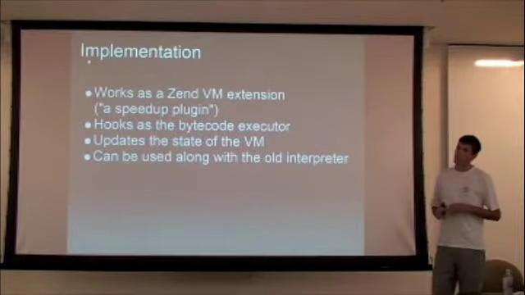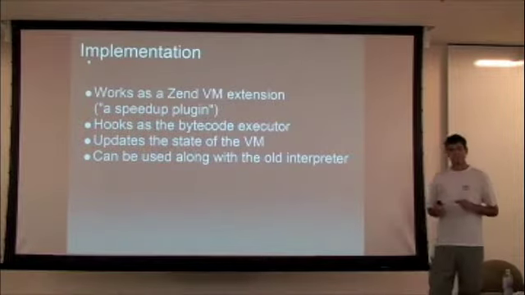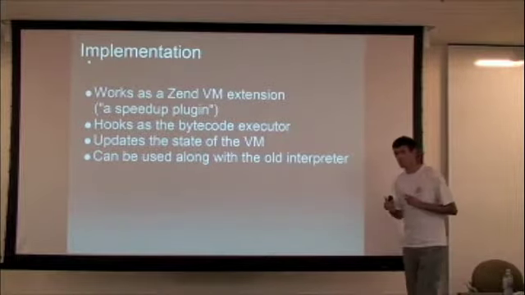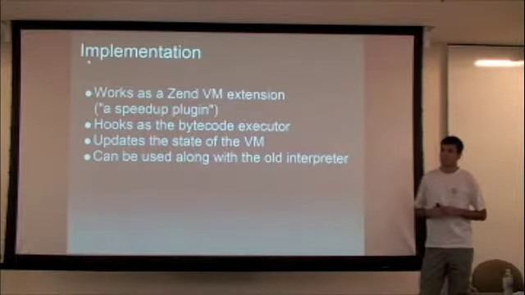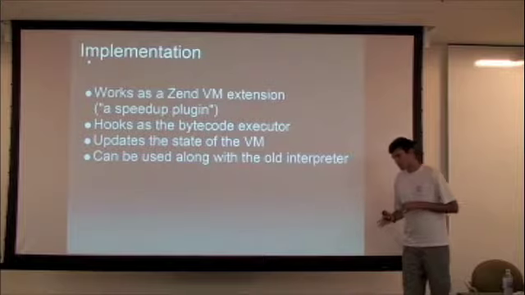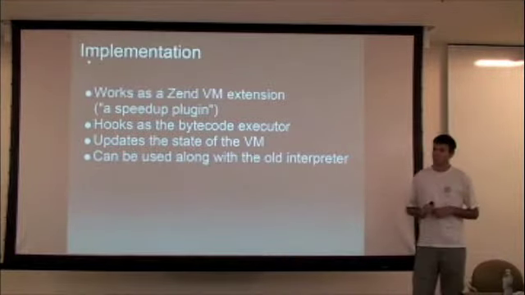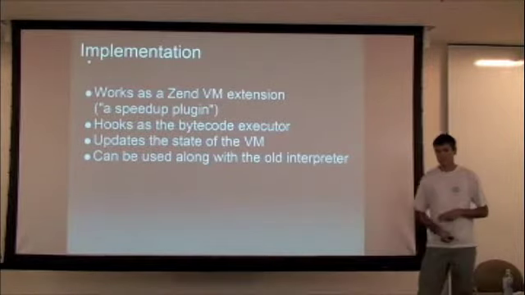For example, you may not want to JIT compile everything, because if you call the eval function to eval some short piece of code, probably you don't want to compile it. You may also want to JIT compile only hot pieces of code, so we allow that to be done.